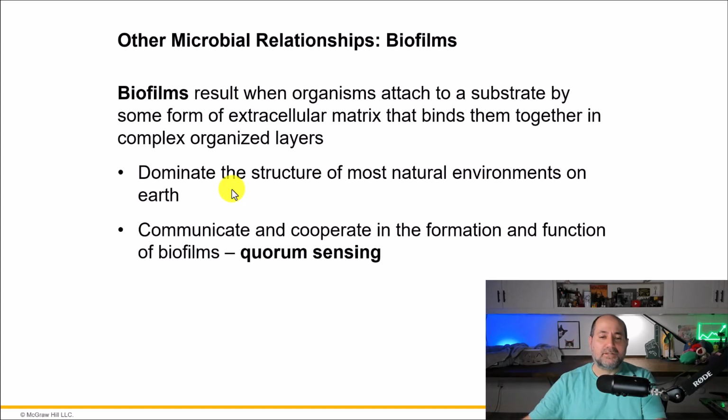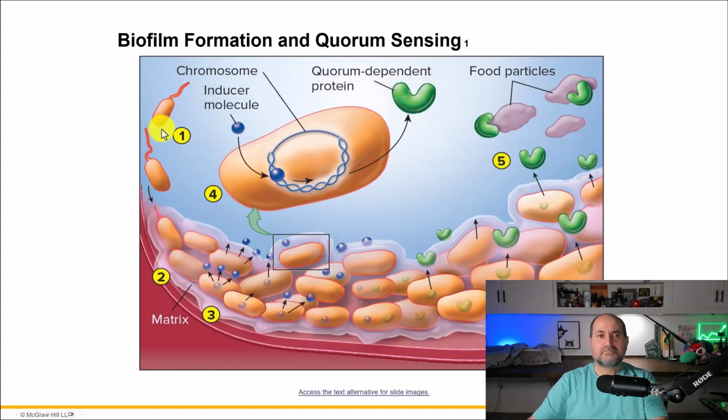Think of it that way. And what's neat is that not only do these microbes grow in that community, but they can communicate and even cooperate in that community by a process known as quorum sensing. So this is how biofilms form and how quorum sensing works.